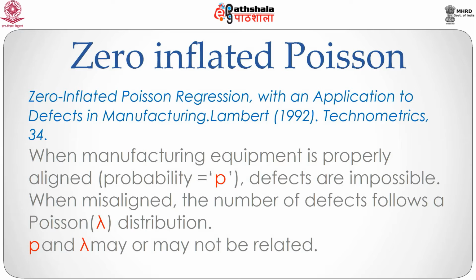We may have different situations based on whether P and lambda are related or not. In fact, both P and lambda may be related to sets of covariates which may be identical or distinct or overlapping. We could have situations where P and lambda are functions of each other or unrelated, and these are situations which Lambert has visited in her paper.